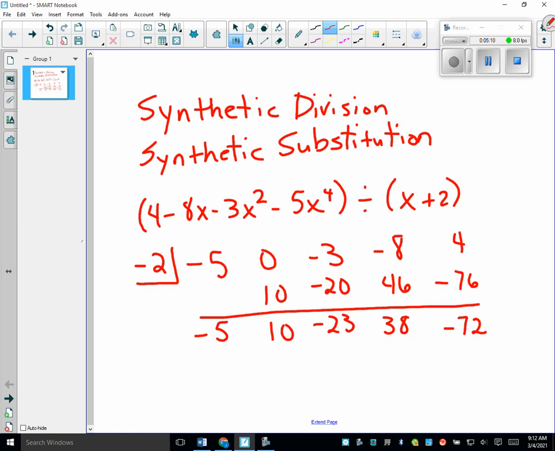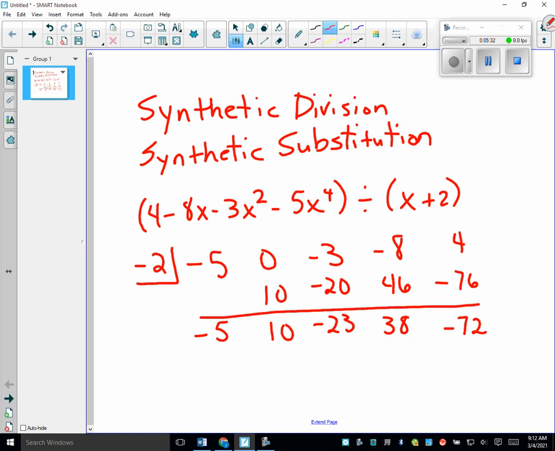My answer: since I divided, remember your answer yesterday had x powers? These are my coefficients, and I start with one less than what I had at the beginning, because I basically took x to the fourth and divided by x.